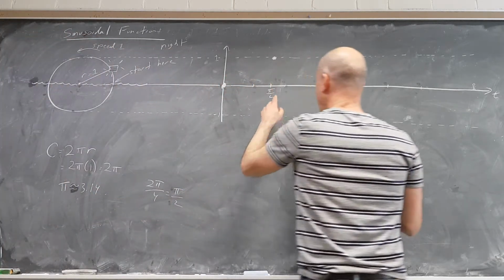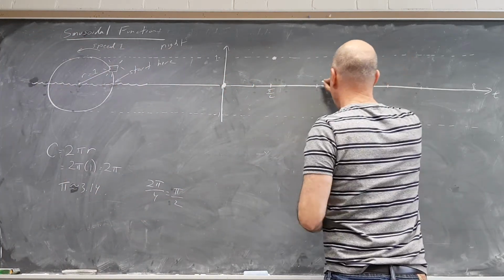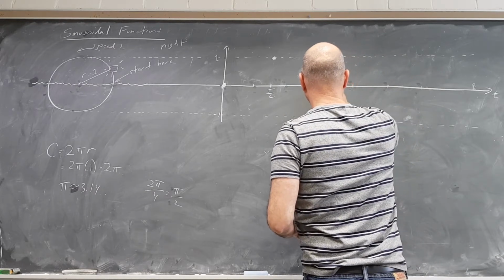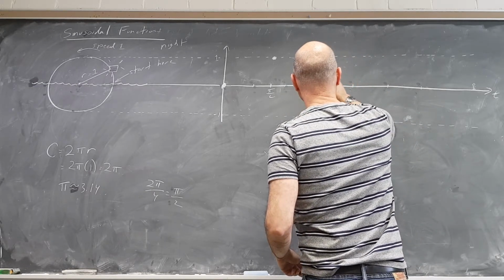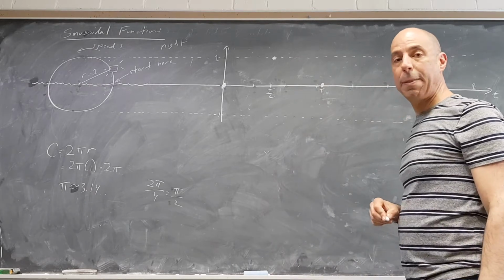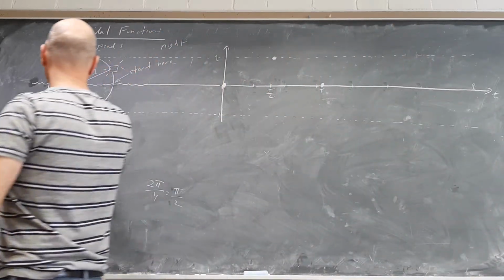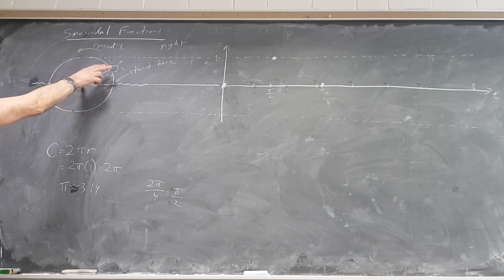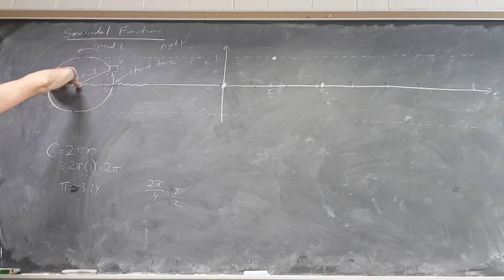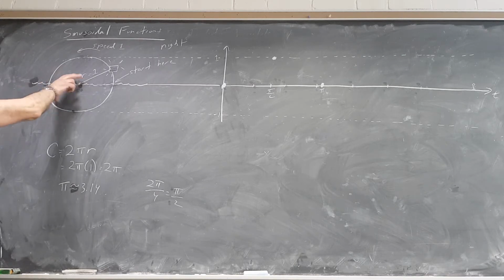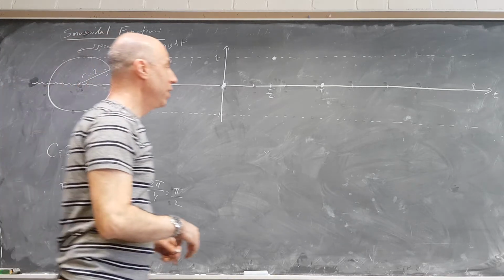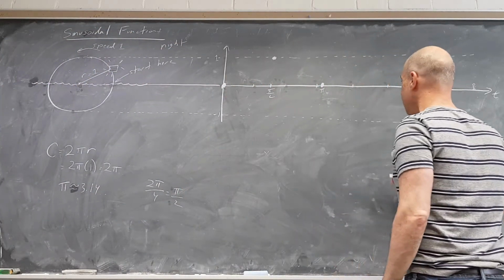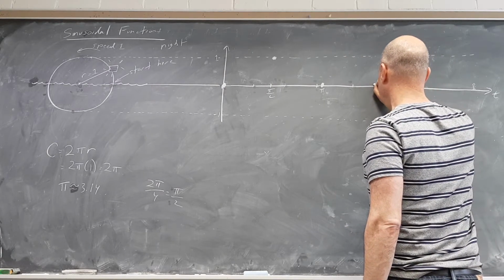So by the time we get to pi, a little bit bigger than 3, they're at sea level again. In another pi over 2 units, they're down at the bottom of the ride. So that's 1 pi over 2, 2 pi over 2, which is pi, 3 pi over 2 takes them to the bottom. So 3 pi over 2 is a little bit bigger than 4.5.